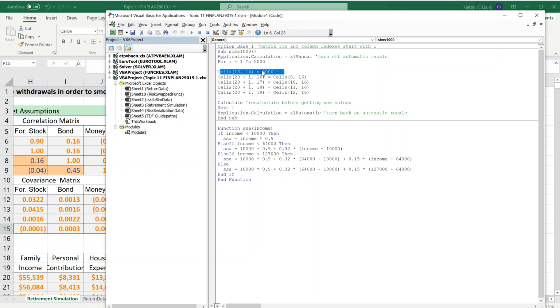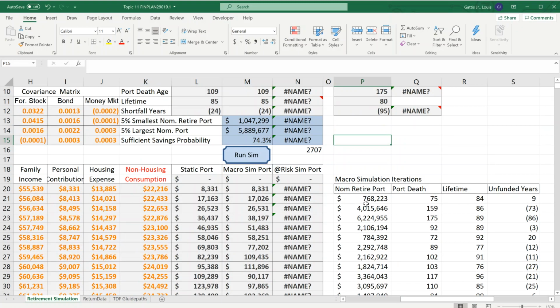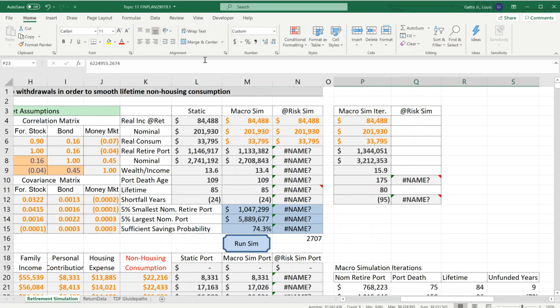It's going to do 5,000 minus I, and it's going to do a loop. It's going to do a countdown of 5,000 F9s. And then it's just going to record your portfolio value, when your portfolio died, when you died, and it's going to put them in this cell the first time you hit F9, and then this row, and then the next row, and then the next row. And then we calculate some statistics over here. So I'm going to run this.